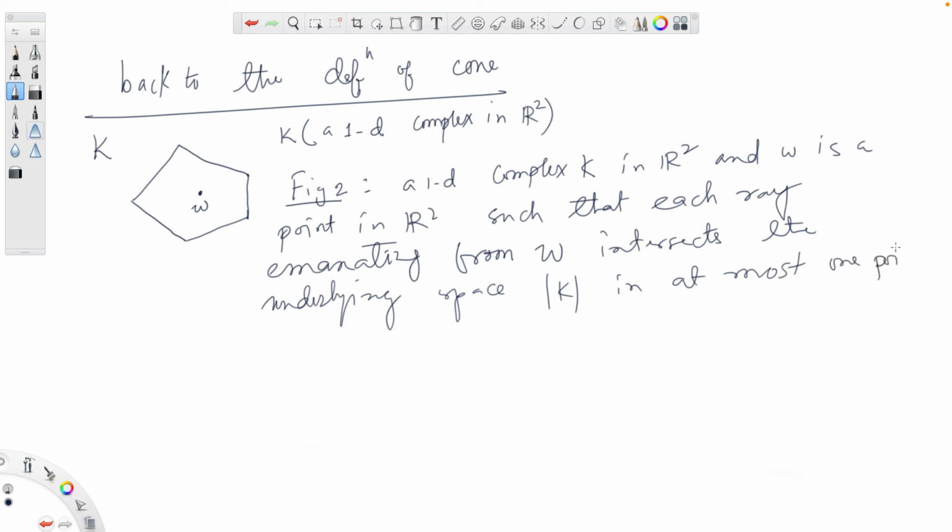So whatever ray I try to draw from W, it will intersect the given one-dimensional complex in at most one point. Like this.